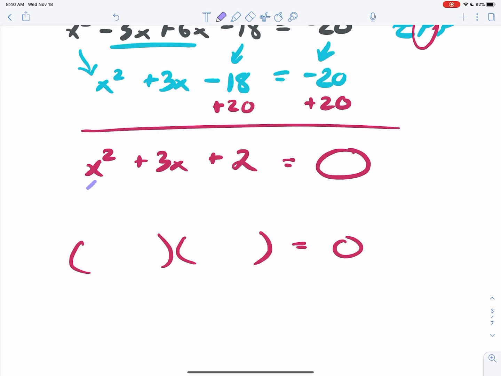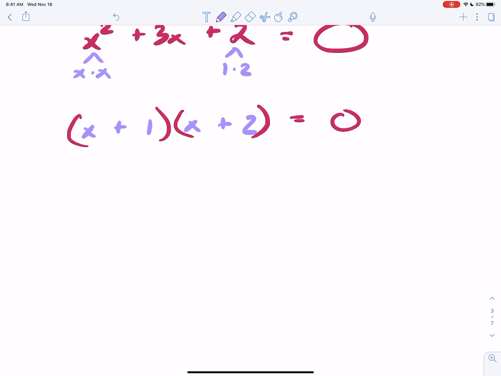Okay, so this right here is just x times x. This right here is just 1 times 2. So I know it's going to be x, 1, 2, and since everything is positive, I'll just put plus plus. All right. So you can split now that you have a zero product, okay?